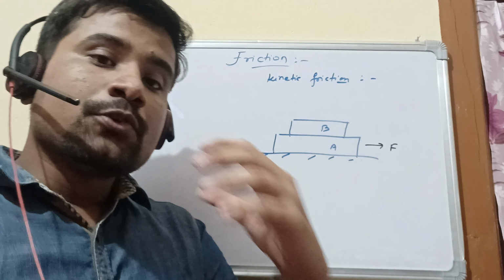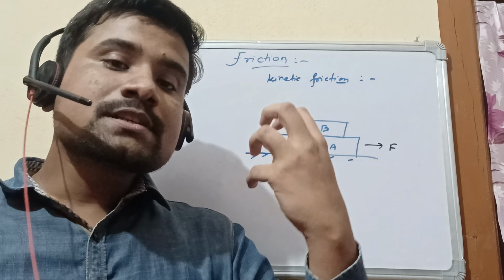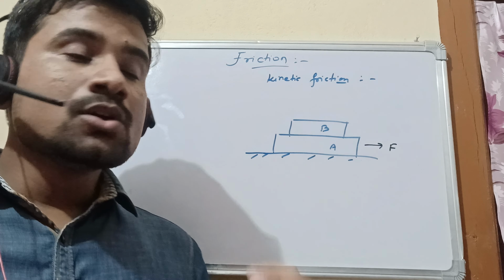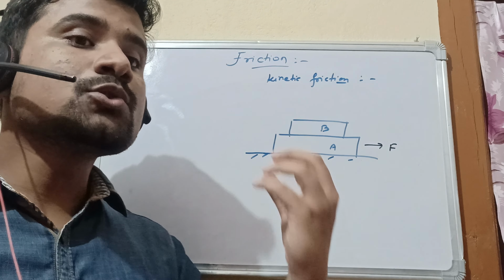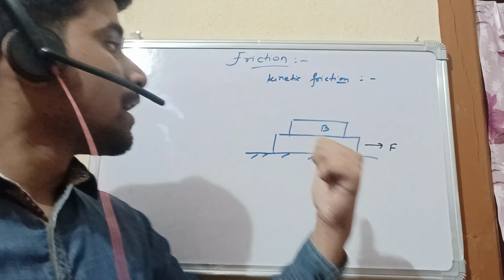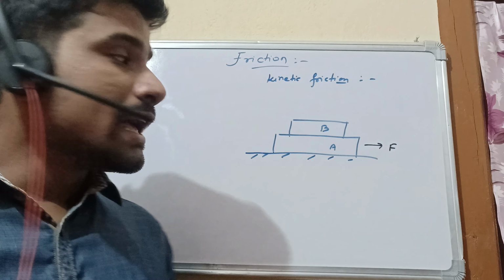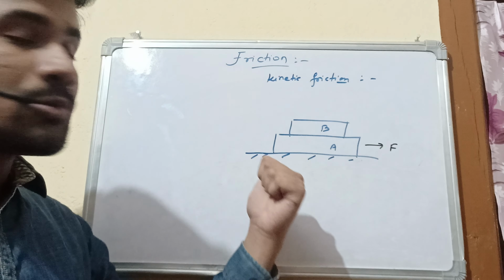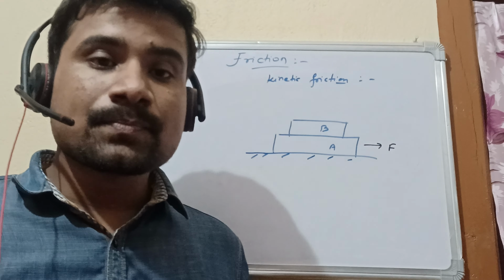Now, friction will always occur in a direction so that it opposes the motion. So friction will occur opposite to the relative motion of A with respect to B. And for B, it will always be in the direction where it opposes the relative motion of B with respect to A. Right.